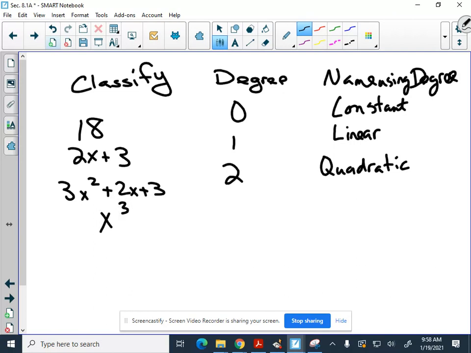Third power. Fourth power. What do we call third? Cubic. And I told you this one. Quartic, like 4 quarts in a gallon.